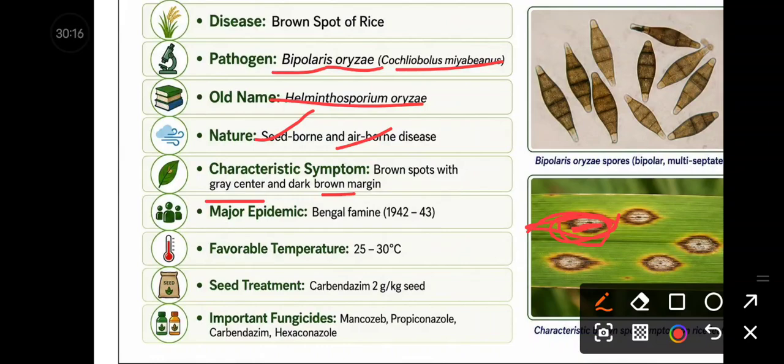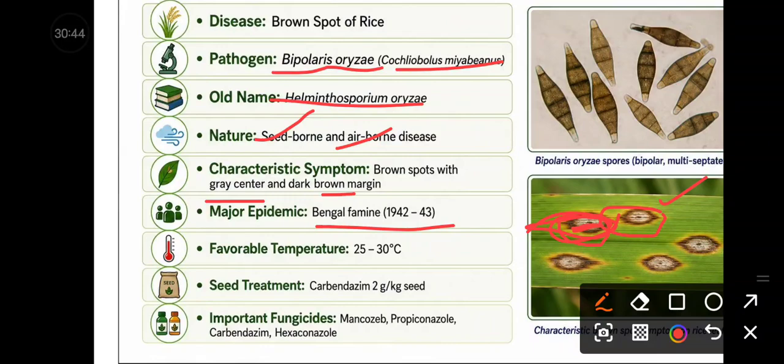Okay. And another thing is characteristic yellow halo can be seen here in case of brown spot, but that characteristic halo is not seen in blast mostly. Then another important historic event related to this disease is that this is responsible for the Great Bengal famine of 1942 to 43 that caused death of 1 to 3 million people due to hunger.